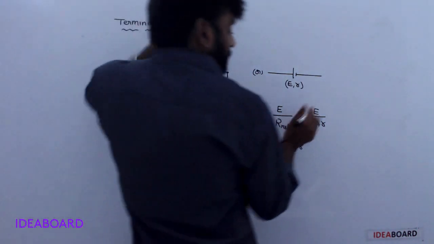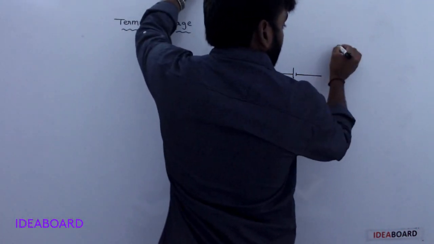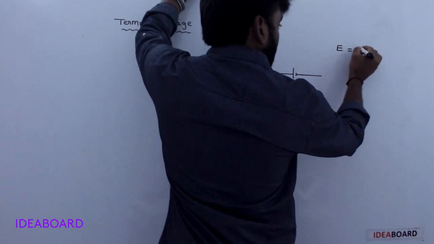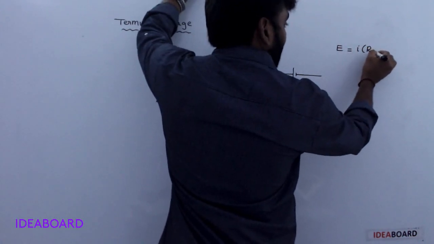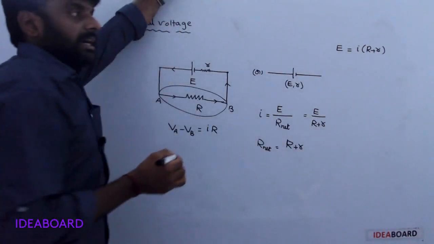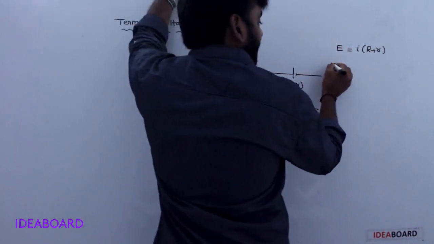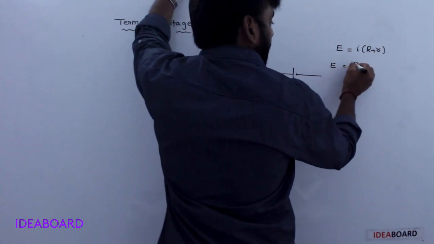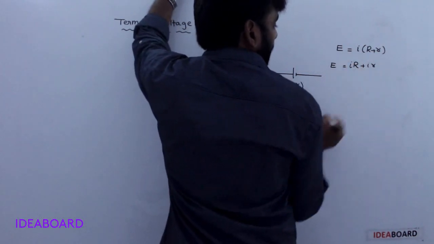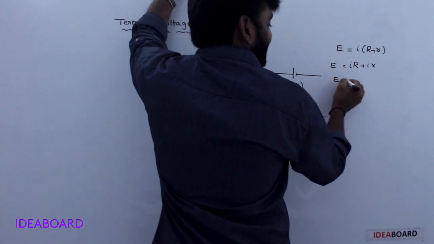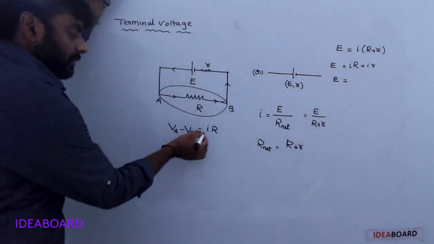Now see, from this one, E is equal to I into (R plus r). Taking it this side, E is equal to IR plus Ir. What is IR?